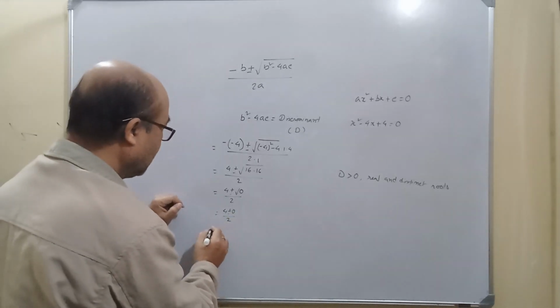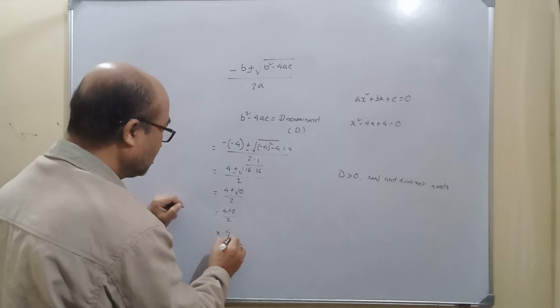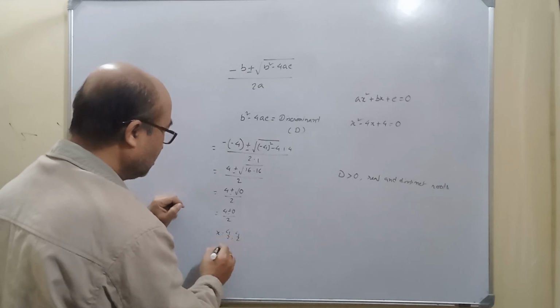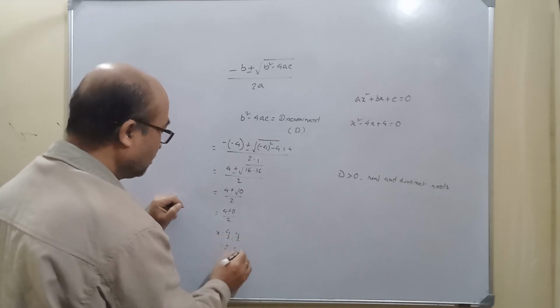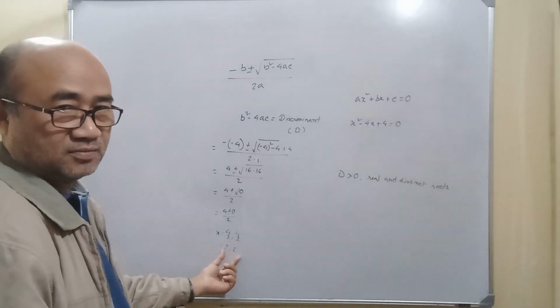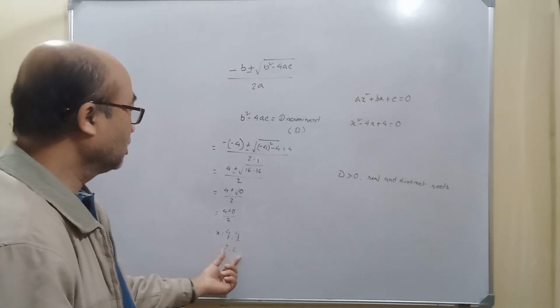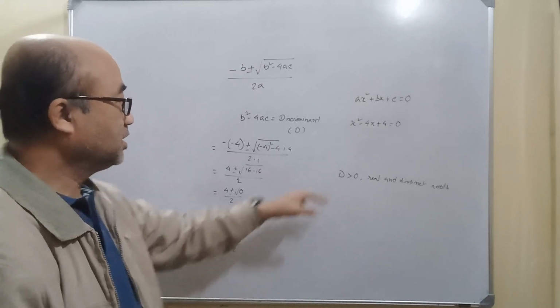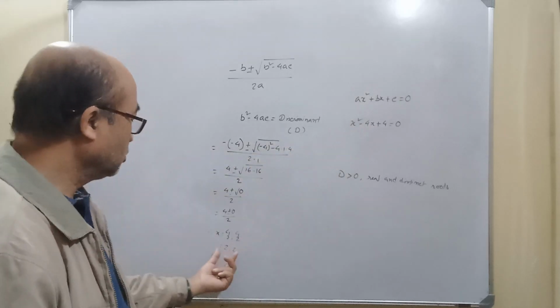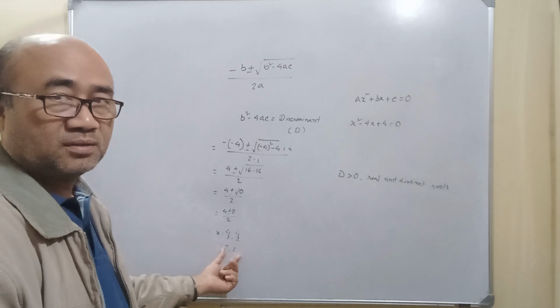So basically we get two solutions, 4 by 2 and 4 by 2, which is equal to 2 and 2. From this equation we get two solutions which are equal.